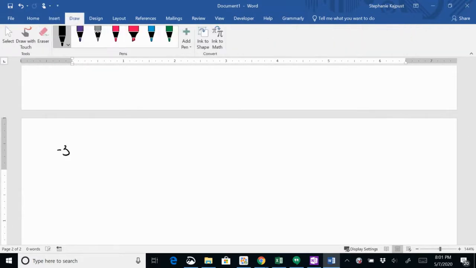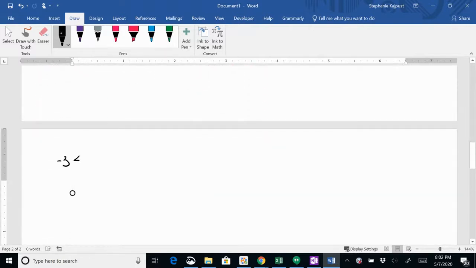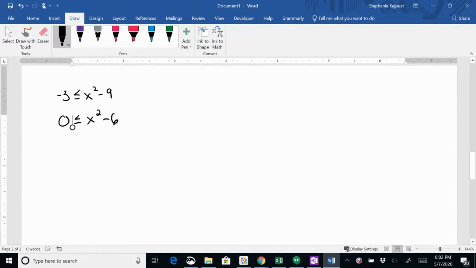So we were originally negative 3 is less than or equal to x squared minus 9, which is less than or equal to x squared minus 6. And we usually write this with the x part on the left. And then when you flip them, you have to flip your inequality symbol as well. So we're looking for where this is greater than or equal to 0.